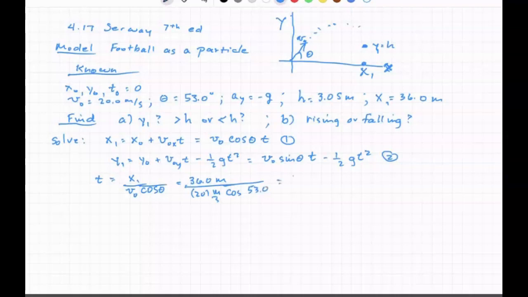This is equal to 36.0 meters divided by 12.0 meters per second. So we find that our time is equal to 3.00 seconds.